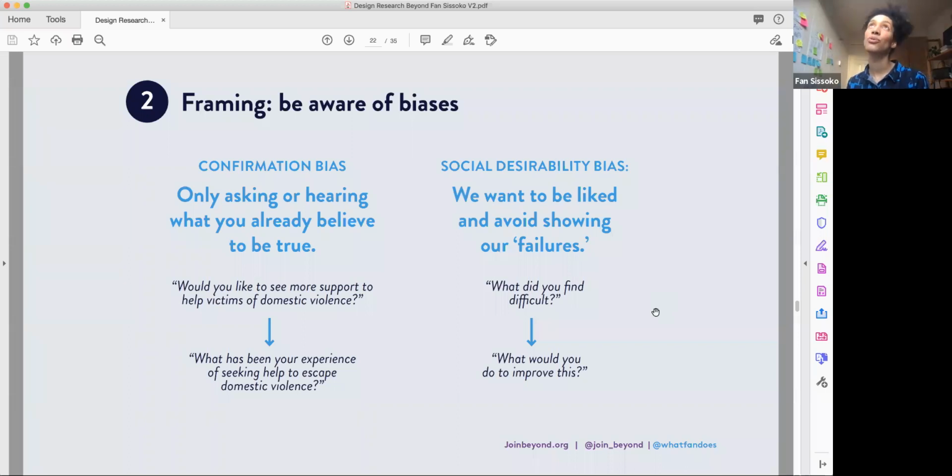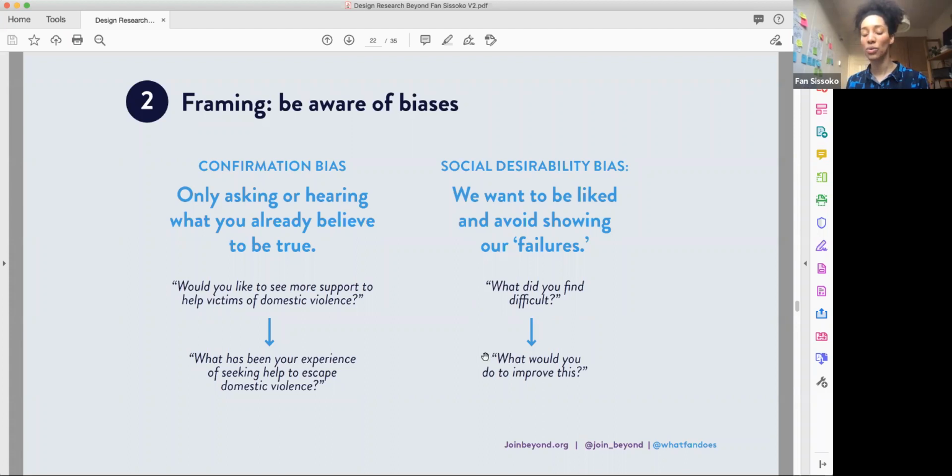So if you're, for example, trying to get insights on a product or a service that already exists, and you want to find out how people have accessed it, like were there any barriers in them being able to access it, instead of asking what did you find difficult, which is a very valid question in itself, because as a designer you'd want to solve those difficulties.